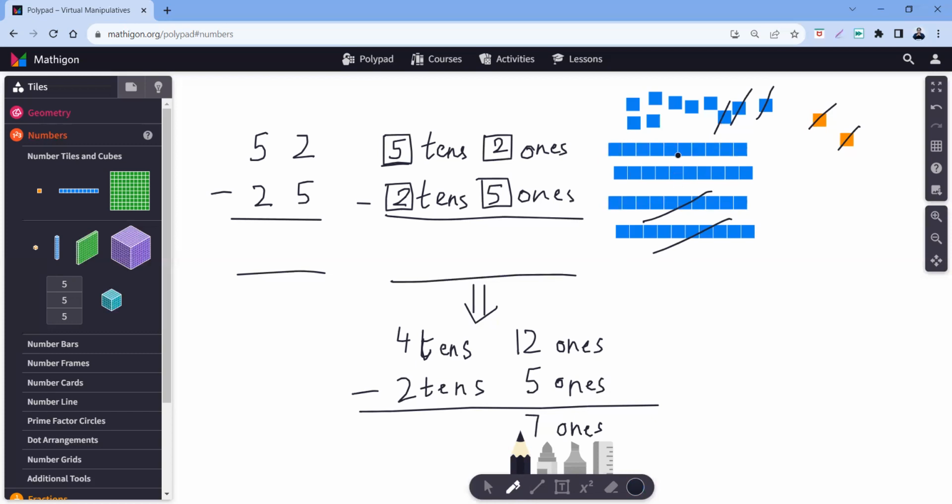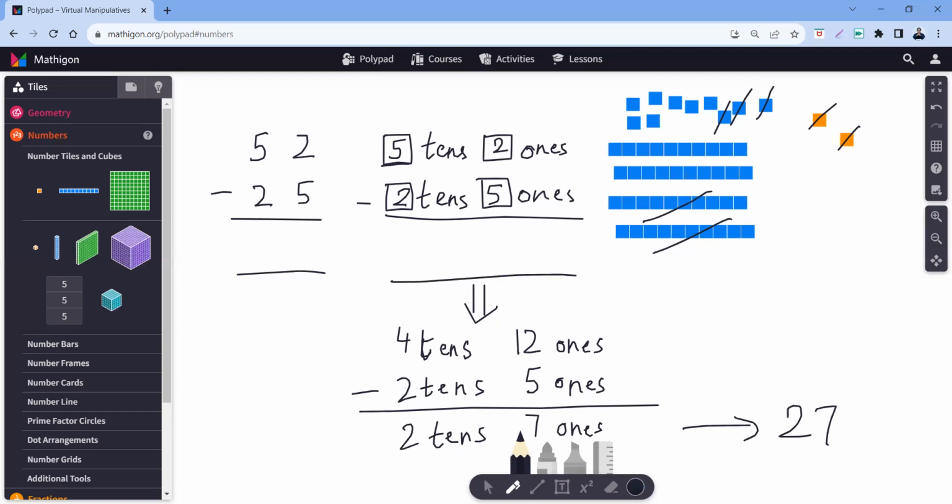Now, how many tens are there? 2 tens are there. That means if I had 52 biscuits in my box and I gave off 25 biscuits, 2 tens and 7 ones biscuits are left. 2 tens, 7 ones means what? What is the number? 27.